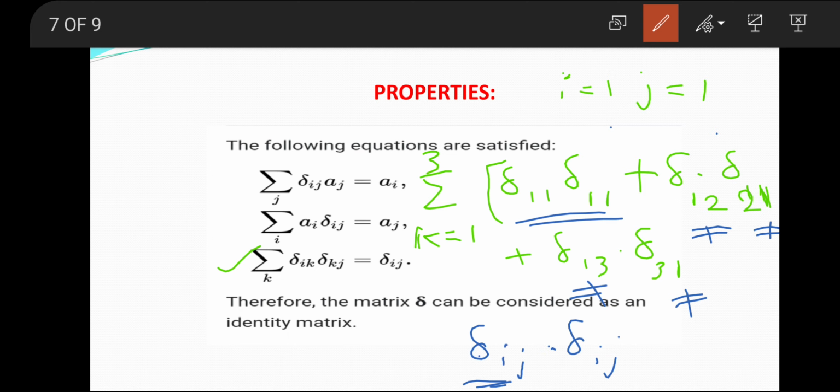Therefore the matrix delta can be considered as an identity matrix. We already know from the previous class the matrix representation of an operator: if we consider an operator A as a linear operator, then we represent it in the square matrix form.